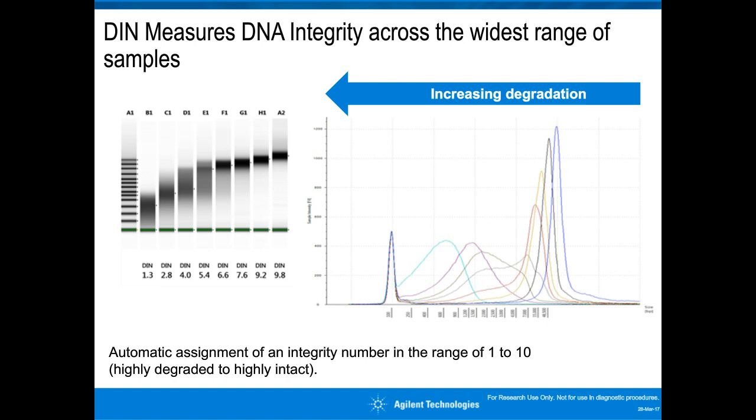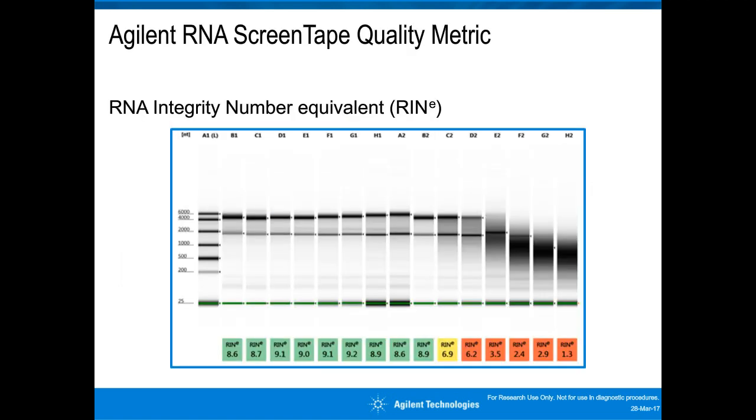Besides the DNA integrity number for genomic DNA samples, the TapeStation system also offers a quality metric for RNA, the RNA integrity number equivalent, short RINe. As RNA is extremely susceptible to degradation, it's recommended to check its quality before each microarray, NGS, or gene expression experiment.